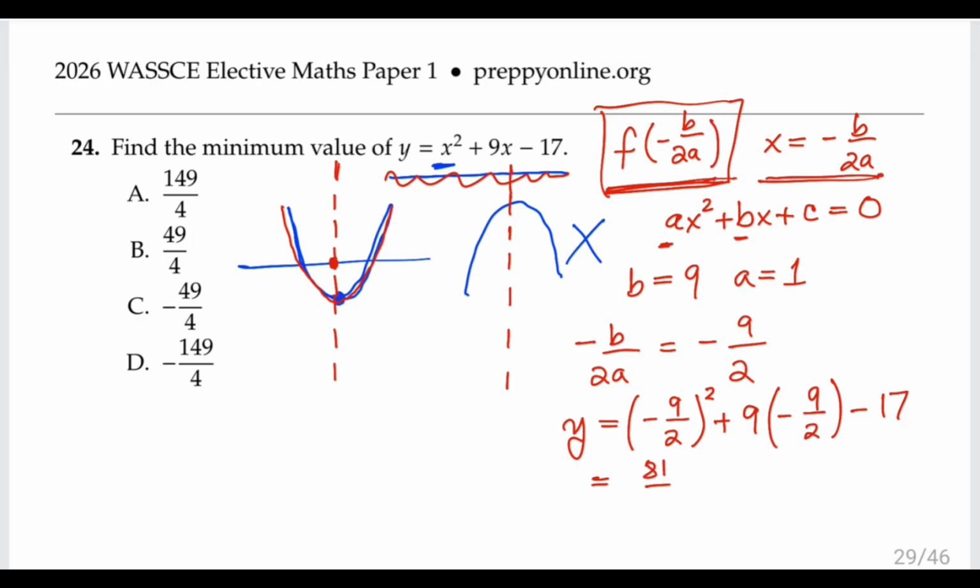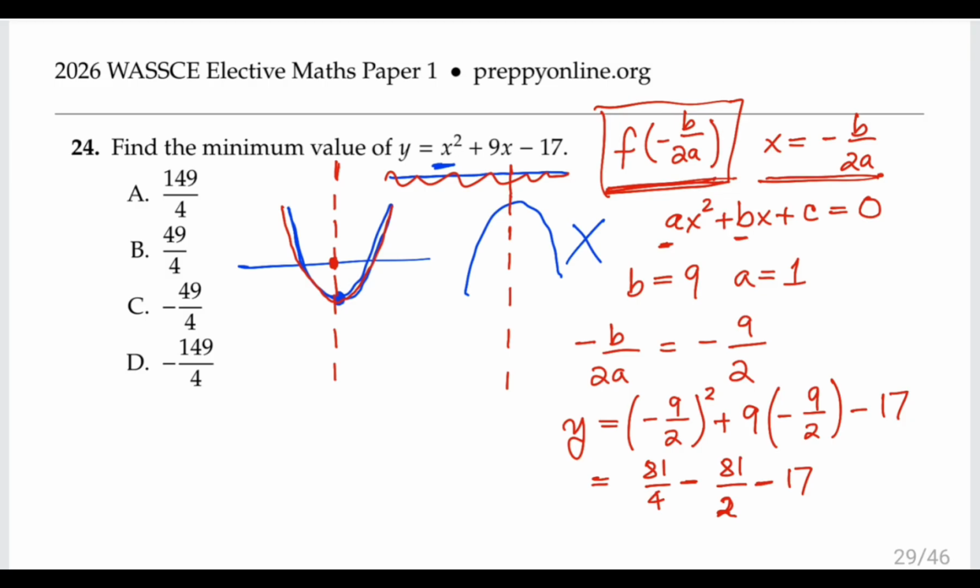So we have 81 over 4. The minus goes away. Then here we have 9 times 9 again is 81. So over 2, this one is minus, not plus. We have to be careful with the signs here. So here is minus. All right, minus 81 over 2. Then we have minus 17.